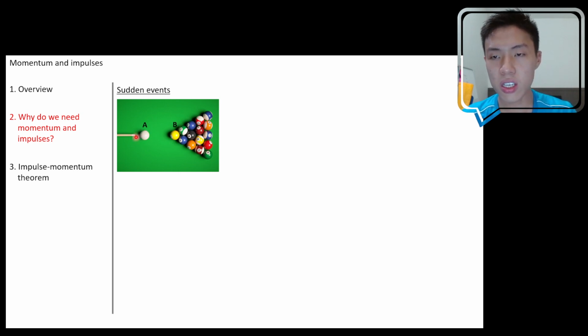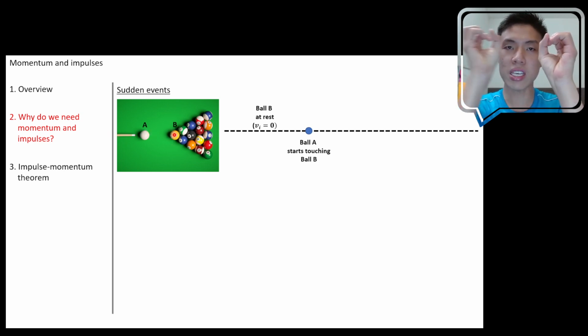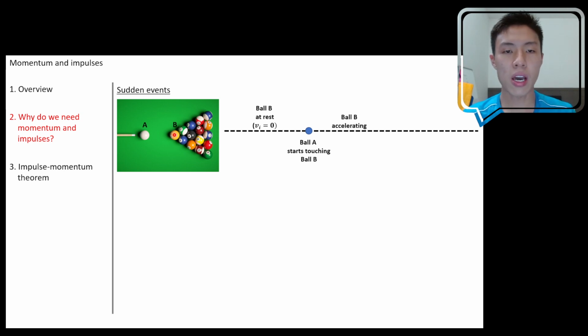Initially, when the cue hits the white ball, it will be moving towards ball B, whereas ball B will remain stationary. Ball B was initially at rest. Then when ball A starts to hit ball B, when they start to be in contact, ball B will accelerate.